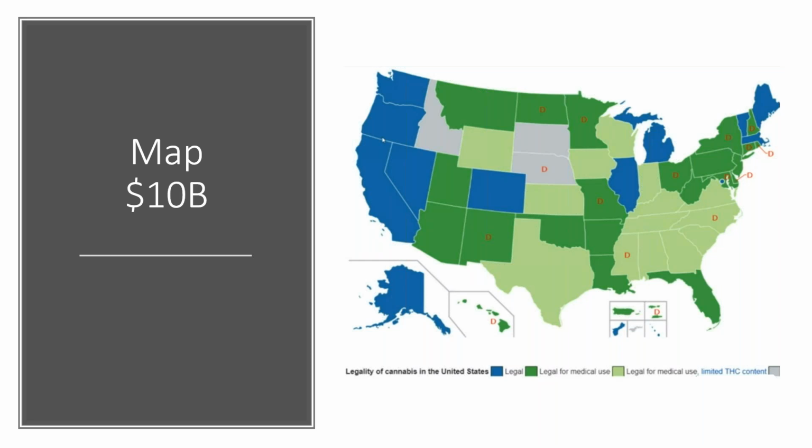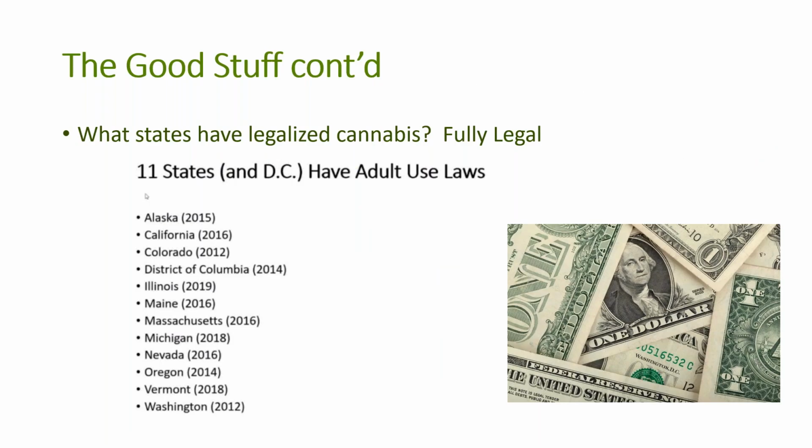But this is what 10 billion looks like. Now, let me give you a little bit better view of the different statuses. 11 states are legal. Now, Nathan, and here are the dates, by the way, that show when it was legalized.